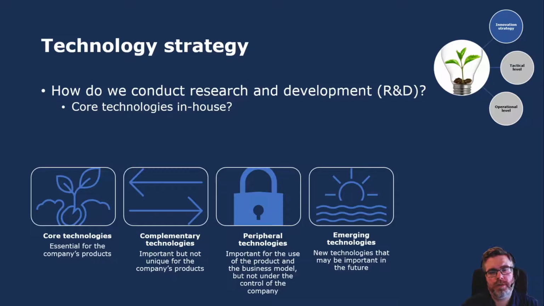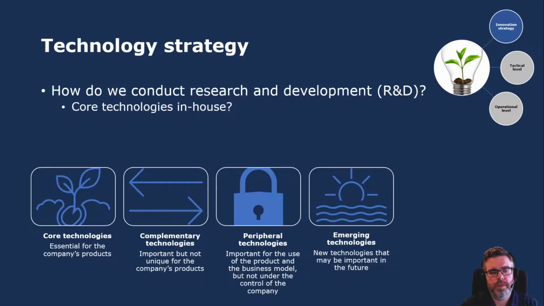We often discuss this, perhaps, that we should try to have core technologies developed in-house instead of outsourcing these types of technology development projects. There are, in this case, 4 classes of technologies described in the chapter.